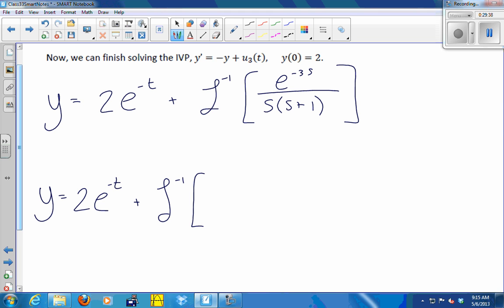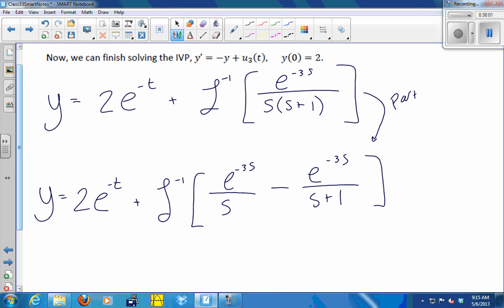So we're going to get e to the negative 3s over s minus e to the negative 3s over s plus 1. I got 1 and negative 1. So from here to here, partial fractions.